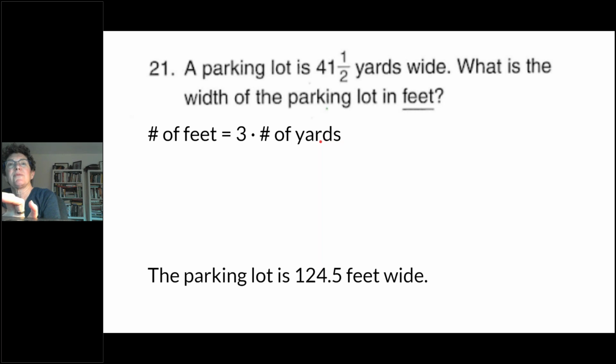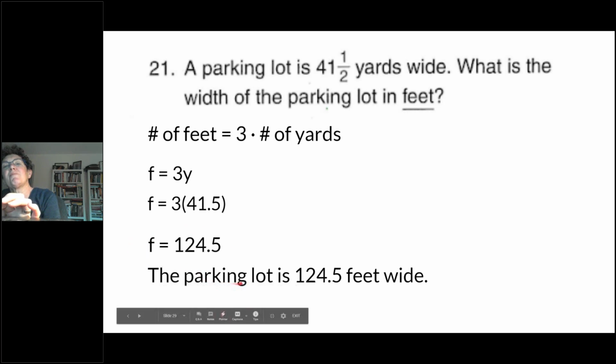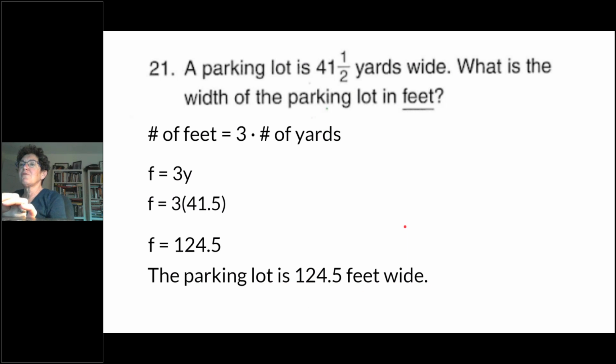So that's our formula. We substitute in: feet equals 3 times the yards. We get the number of feet is 3 times 41.5. The feet is 124.5. The parking lot is 124.5 feet wide.